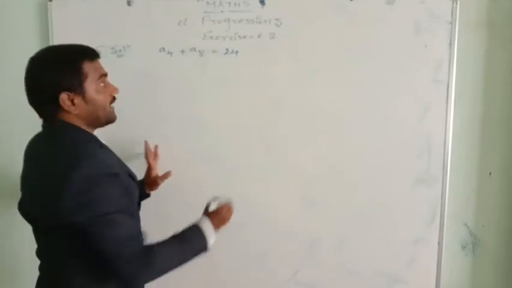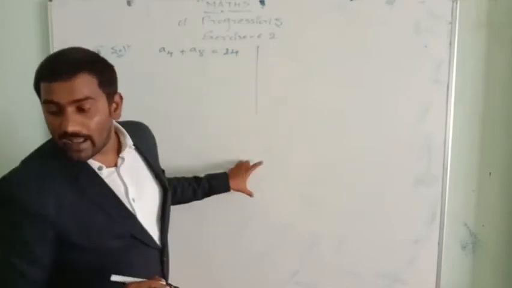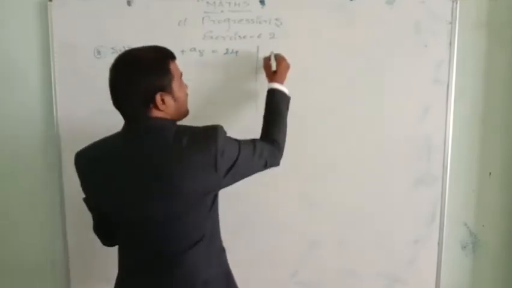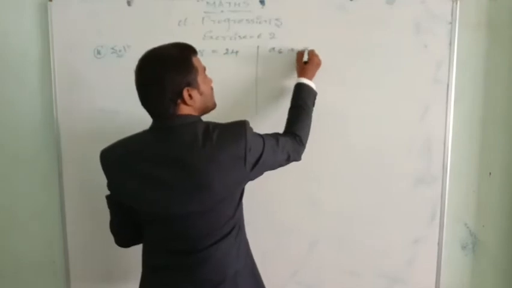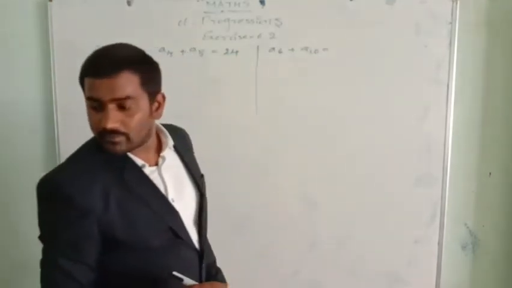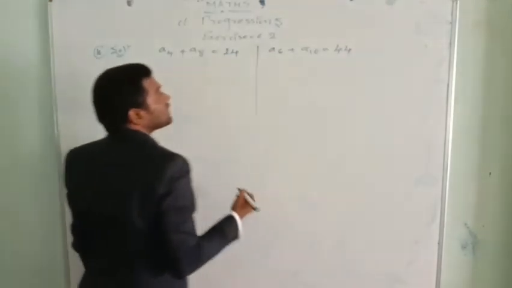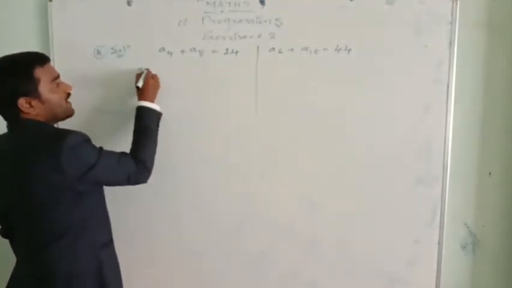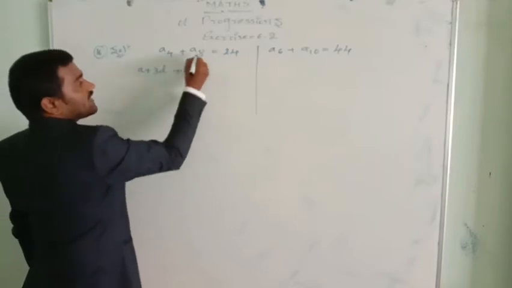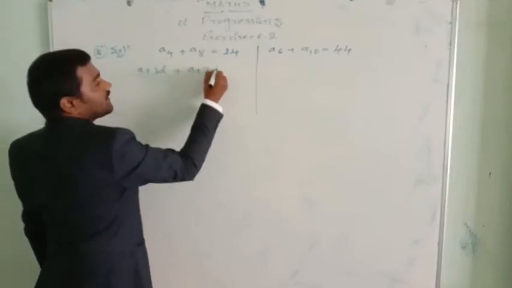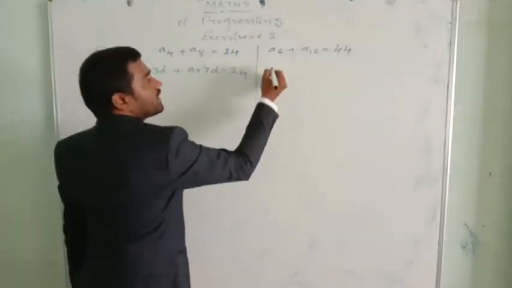Again they have given one more: the sum of the 6th term A6 plus the 10th term A10 is 44. Let us see, A4 is a plus 3d, plus A8, a plus 7d, that equals 24.